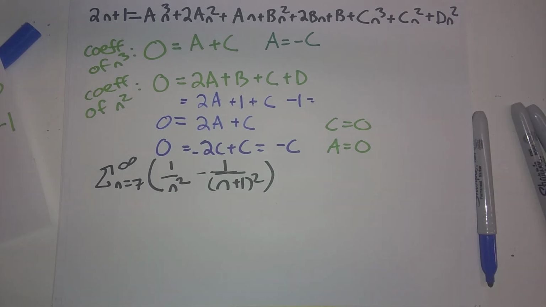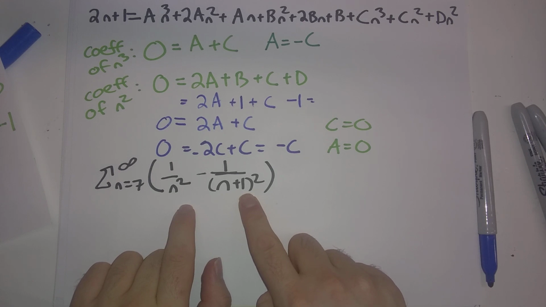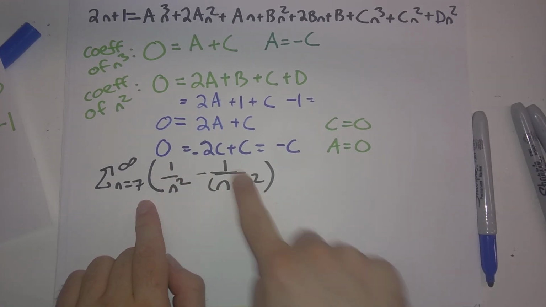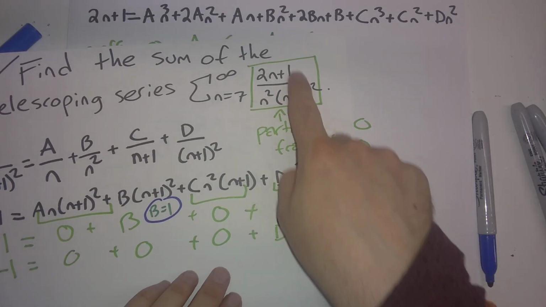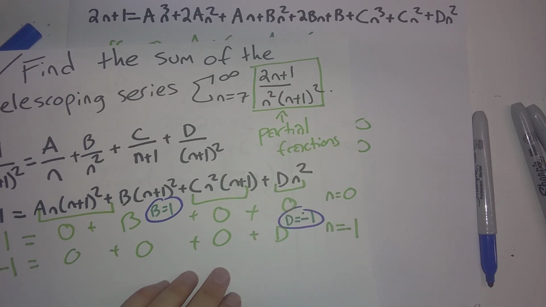Something that's worthwhile to do, I won't do it in this video, but you can always double check that you did your partial fractions correctly by combining this together and making sure that you do get 2n plus 1 divided by n squared times n plus 1 squared.